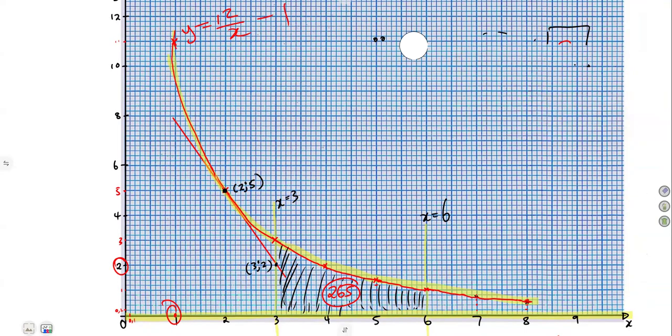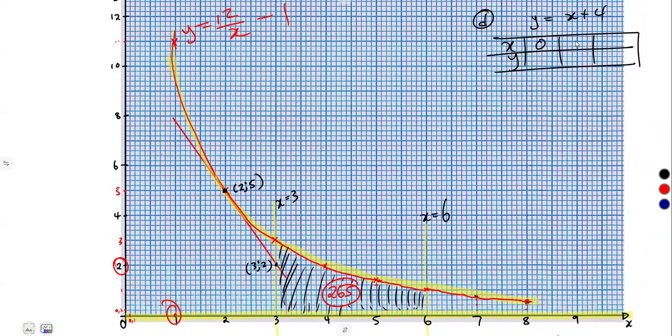Let us quickly have our table here. 3 points are enough. I'm just going to pick 0, 2, and 4.